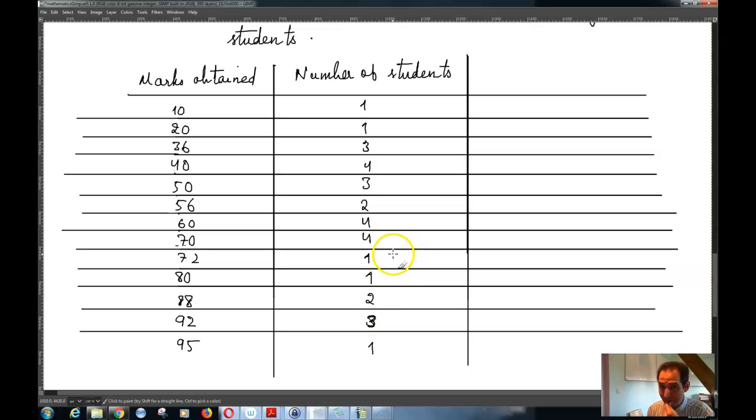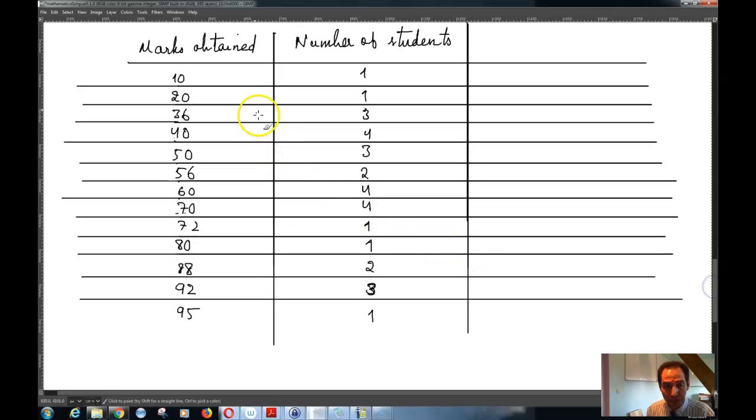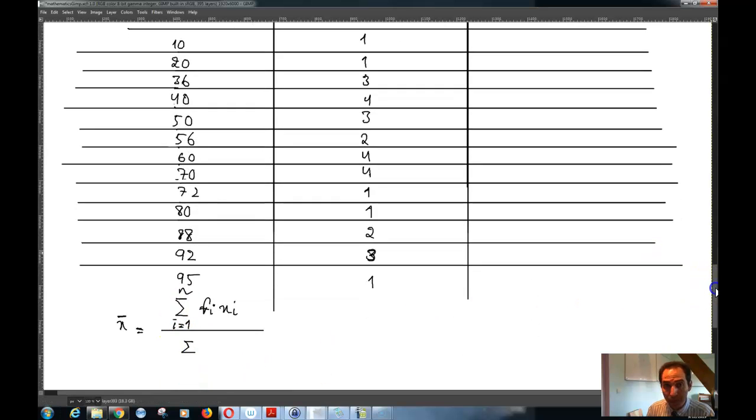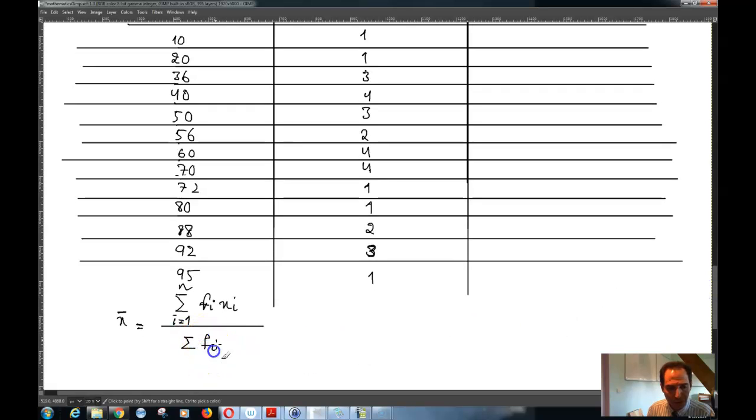Okay. Now we want to find the mean of the marks obtained by the students. We said that x bar, or the average of the marks, is equal to sigma f of i times x of i as i goes from 1 to n, over sigma f of i as i goes from 1 to n.